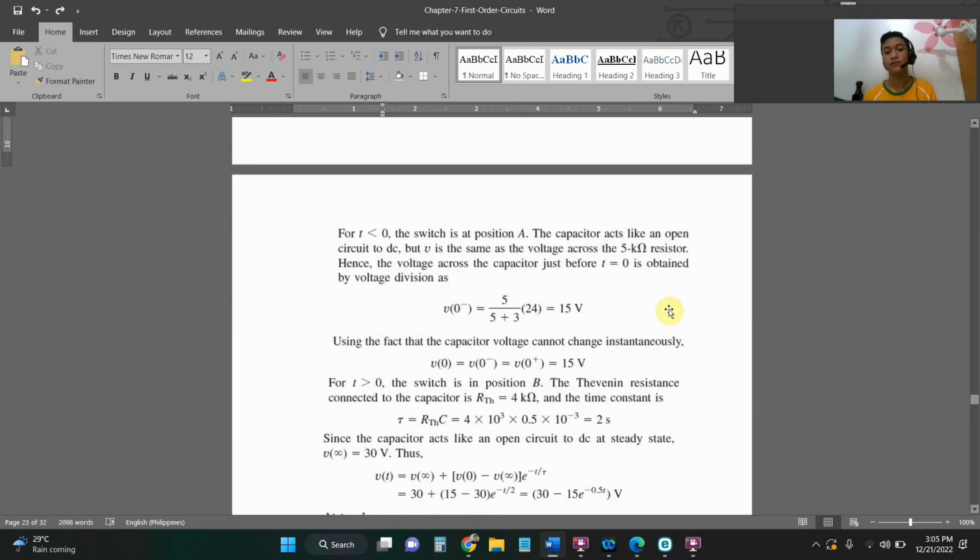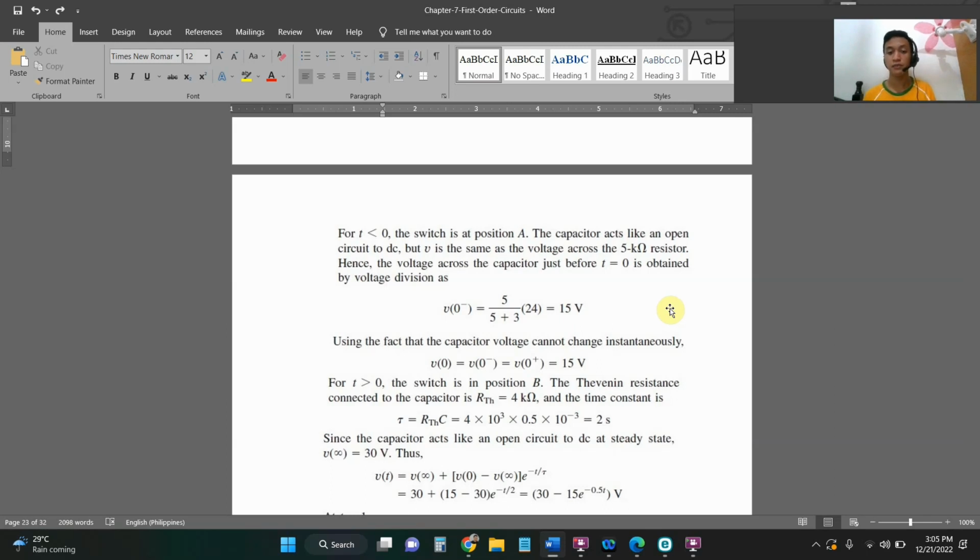So using the fact that the capacitor voltage cannot change instantaneously, V_0 minus is equal to V_0 plus. It means they have the same value of 15 volts. So for t greater than 0, the switch is in position B. The Thevenin resistance connected to the capacitor, R_TH, is 4 kilo ohms.